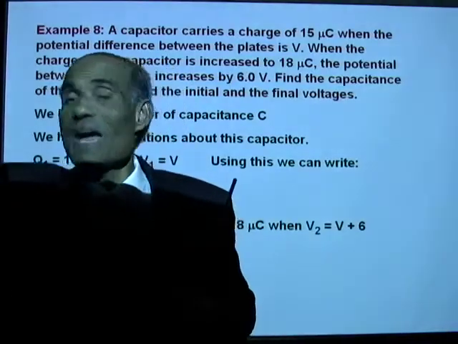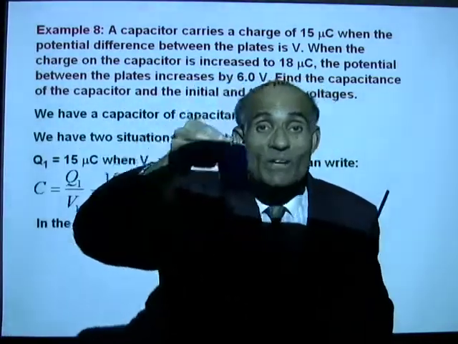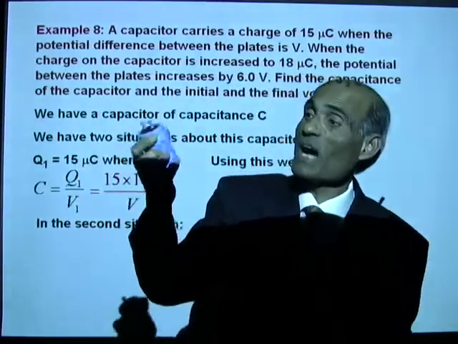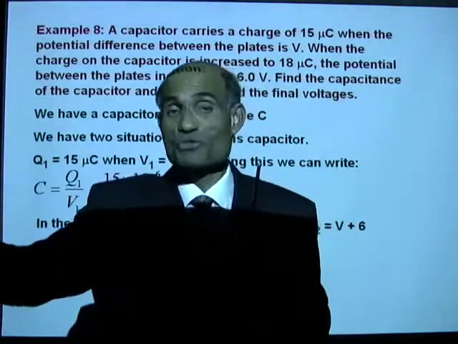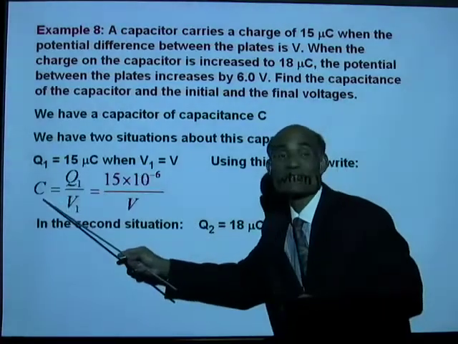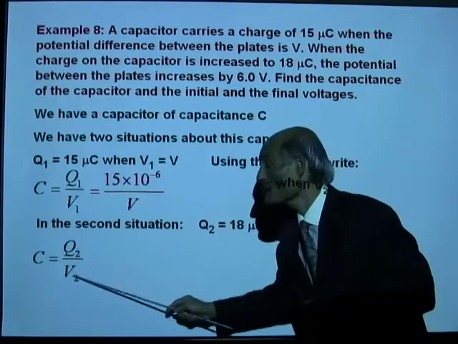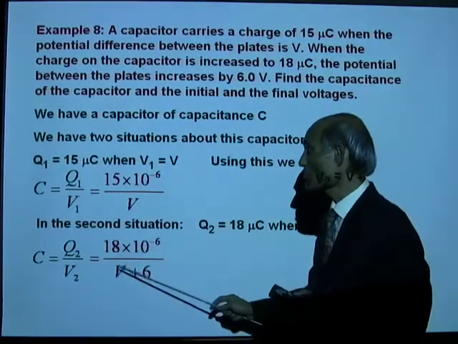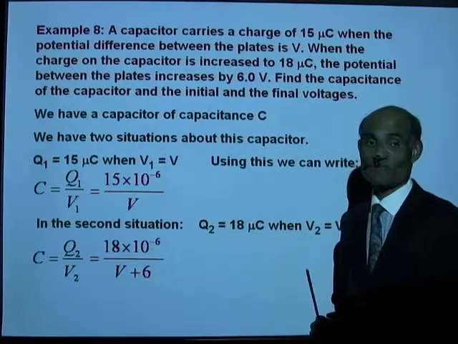When you have a capacitor, no matter where you connect it, its capacitance will be the same and it is written on it. You cannot change it. So, you can write the equation for the second situation, C equal to Q2 divided by V2. There you are. And Q2 is 18 microcoulomb and V2 is V plus 6.